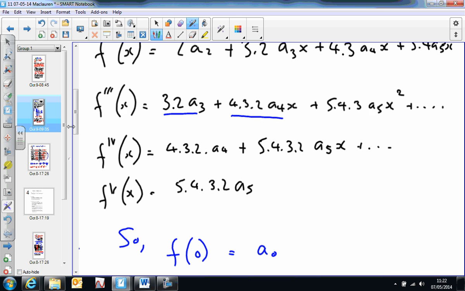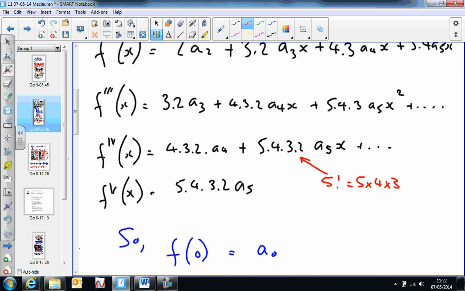Each time we differentiate, we keep bringing these powers down. We end up with 4 times 3 times 2, 5 times 4 times 3, differentiating again, 5 times 4 times 3 times 2, and so on. So we end up with this, and a shorthand way of writing that is 5 factorial in this case. 5 factorial means 5 times 4 times 3 times 2 times 1 actually.